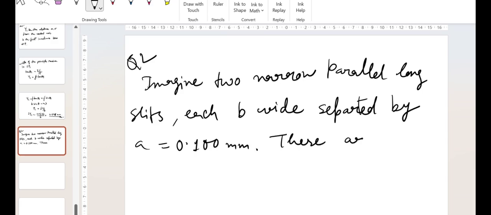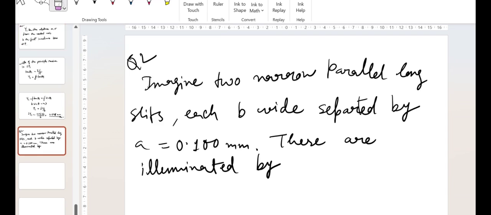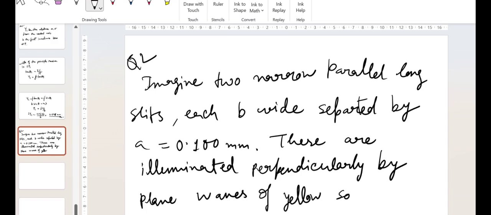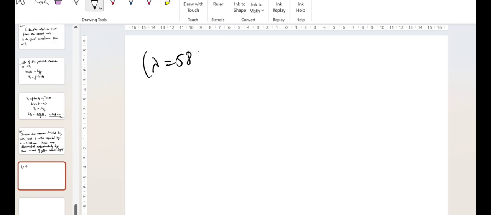These are illuminated perpendicularly by plane waves of yellow sodium light. Lambda is equal to 589.6 nanometer.